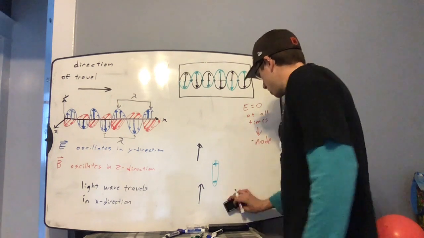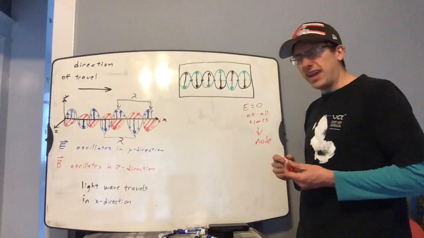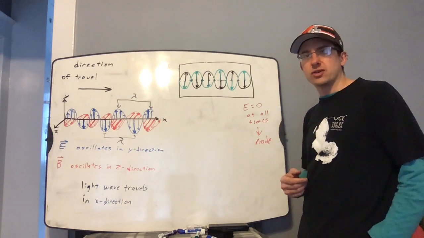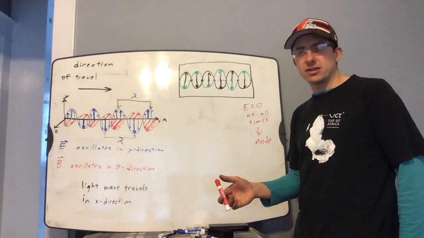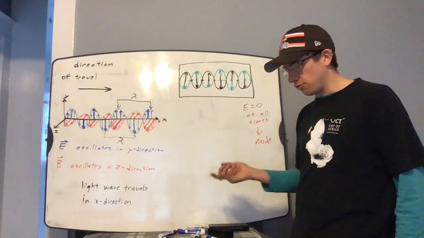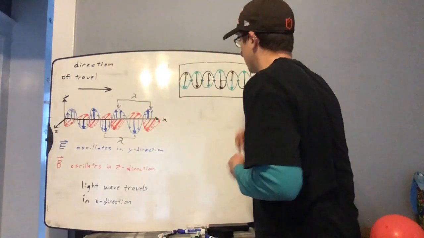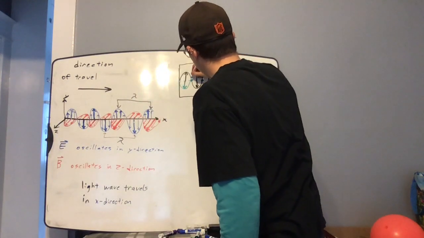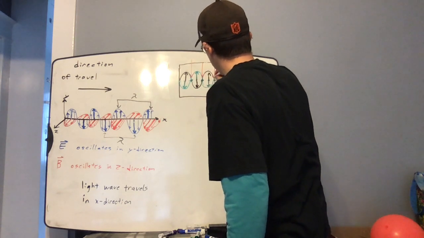And the locations that are not nodes are called antinodes. So antinodes are the locations where the electric field is either pointing up at a maximum, or pointing downward at a maximum. So on this picture, the nodes would be right here, and here, and here.